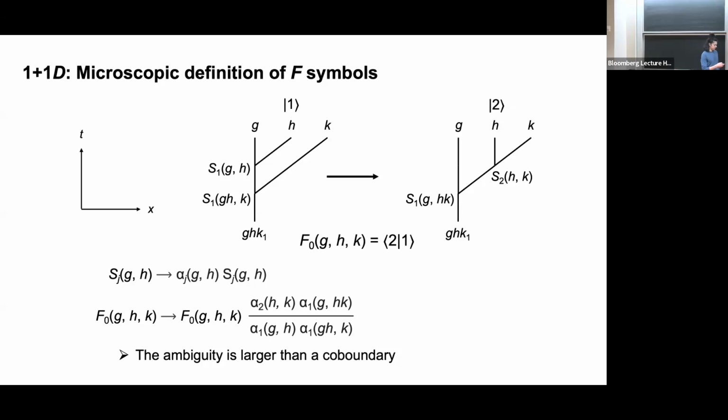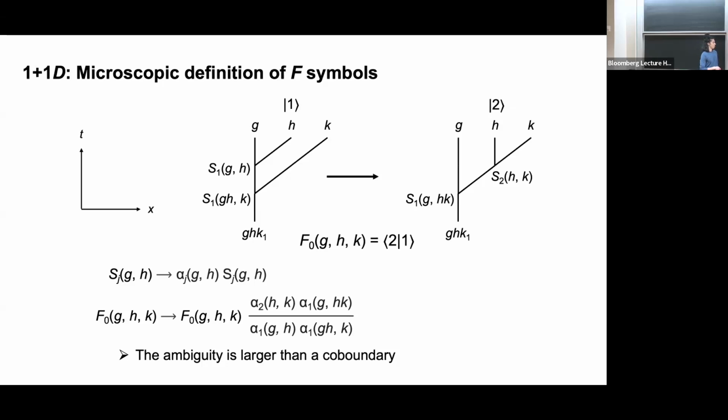Okay? And the issue is that when we redefine splitting operators by multiplying them by phases, this bare F symbol, F naught, changes by a quantity which is not a coboundary, because it has this alpha 2 here and alpha 1 in these three spots.